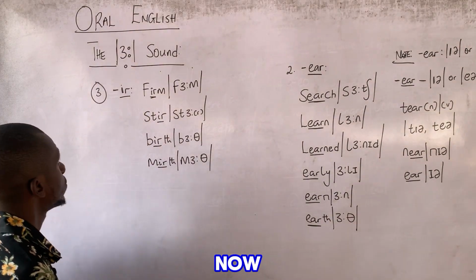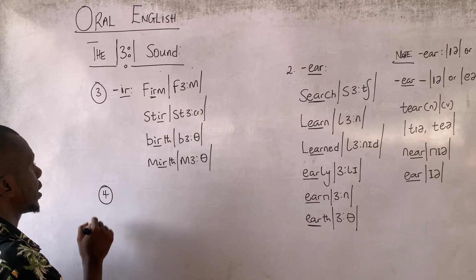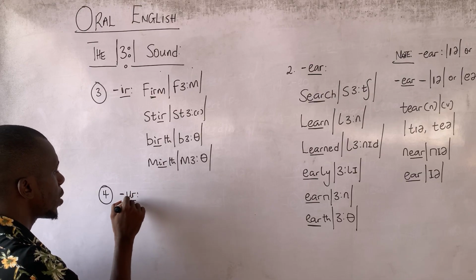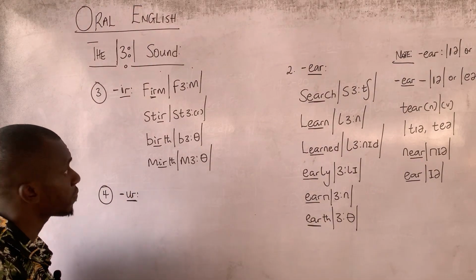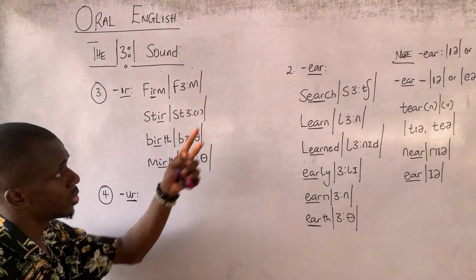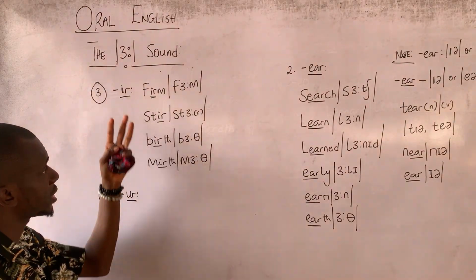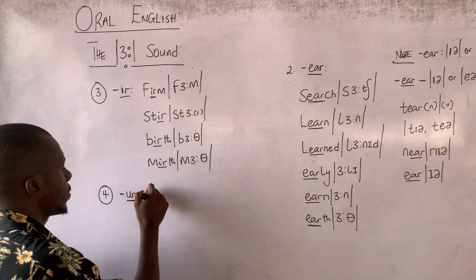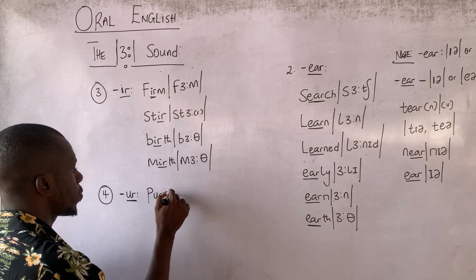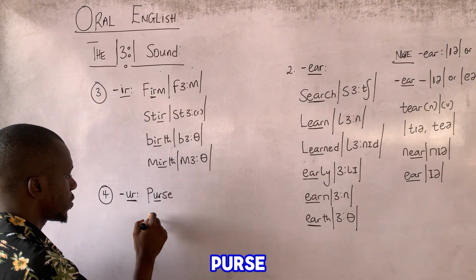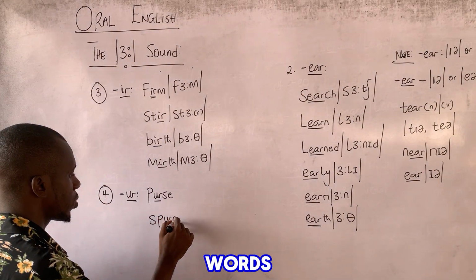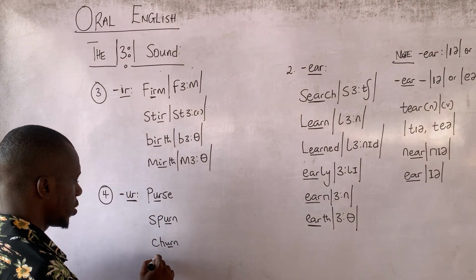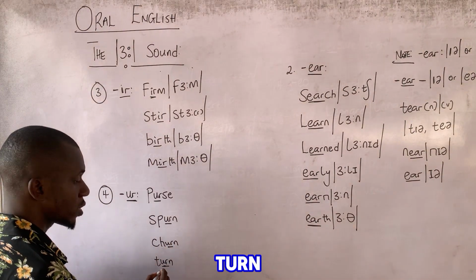Okay? Now, the fourth letters where I find this sound are the letters UR. Remember, we're coming from letters ER, letters EAR, letters IR, and now we have letters UR. We'll find this sound in words like PURSE, SPURN, CHURN, and TURN.